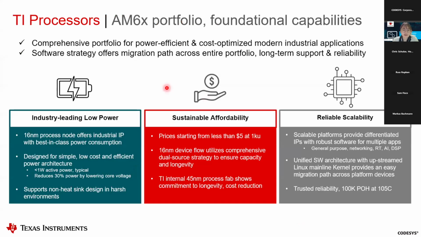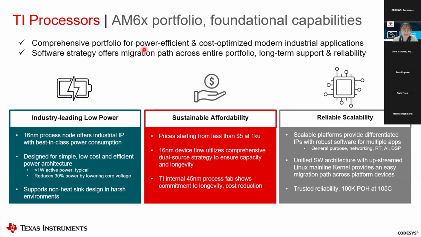As I mentioned, Texas Instruments sells both analog and embedded processing chips. Of course, our analog chips are well known across the world globally. However, we have several different families of embedded processing chips as well.